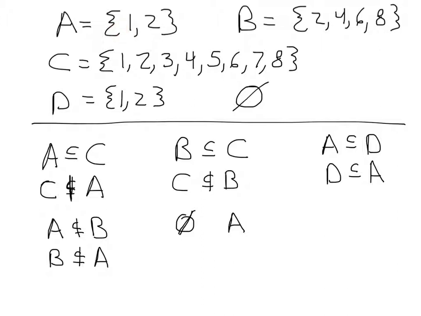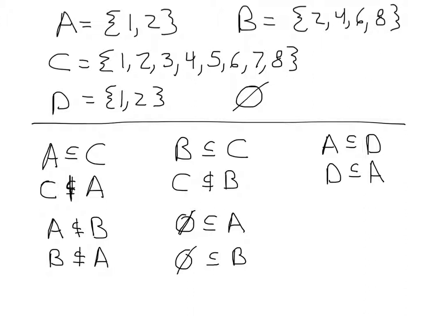Well, there are no elements in the empty set. So that is what's called trivially true. So yes, in fact, the empty set is a subset of A. In fact, the empty set is a subset of everything. It's a subset of B. It's a subset of C.